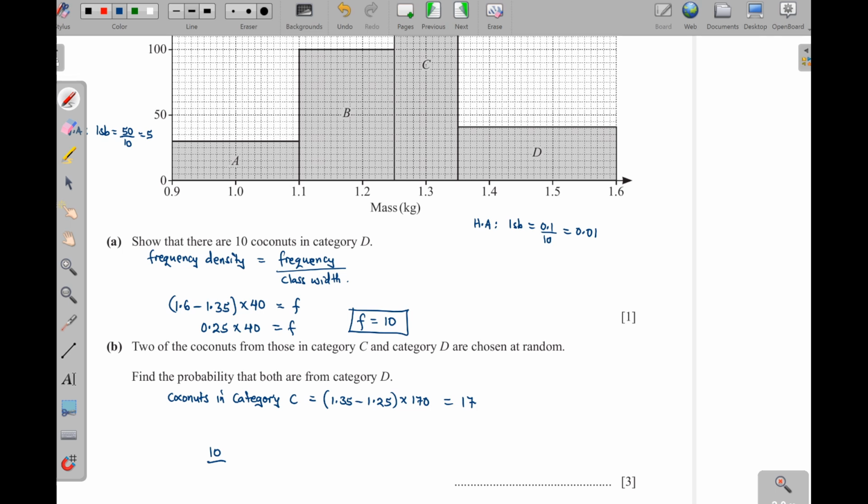Then, our probability will be 10, because they are the ones that are coming from D. Then divide by the total, which is 10 plus the 17. In fact, let me write it like this. Total number of coconuts.